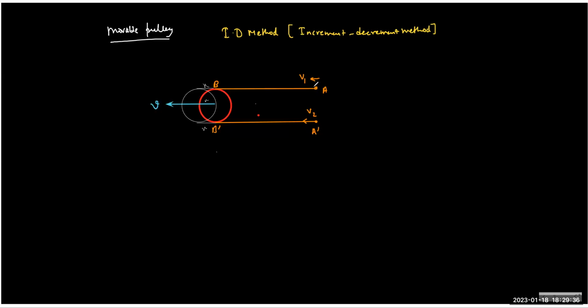So the motion of A will increase or decrease? Decrease. So write minus, and the rate of decrement is called velocity.